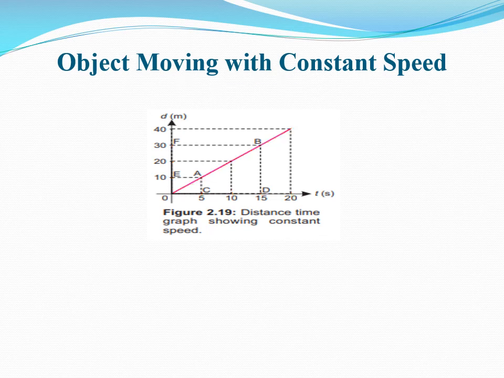Here the very important point we are going to learn is that the line of a distance time graph gives you the speed. That is, the slope of this graph gives you the speed.